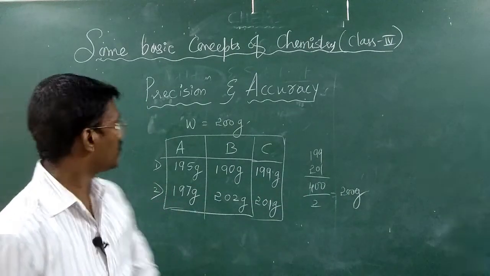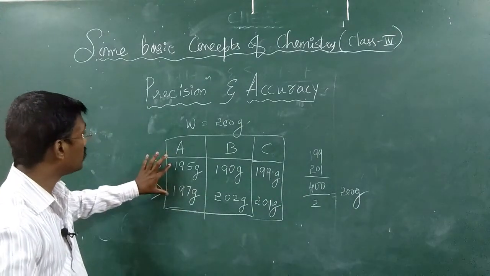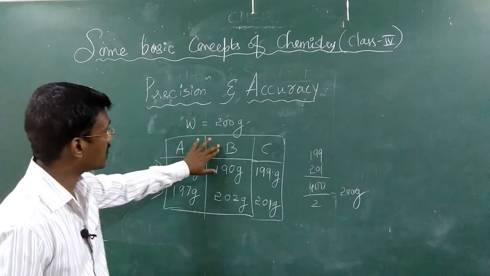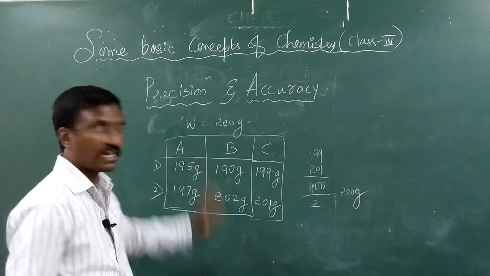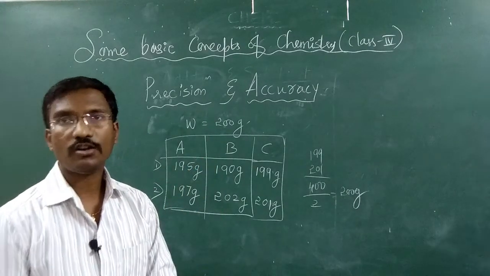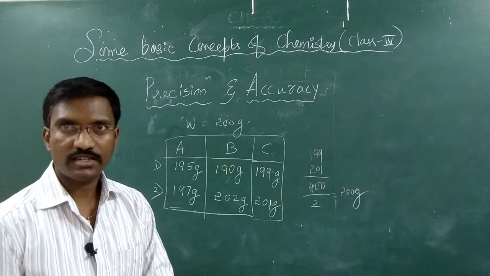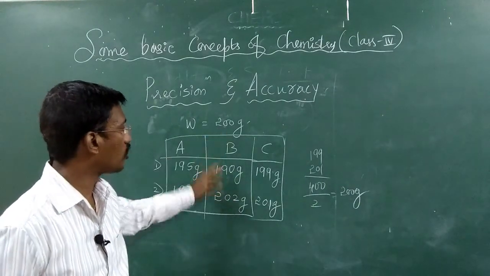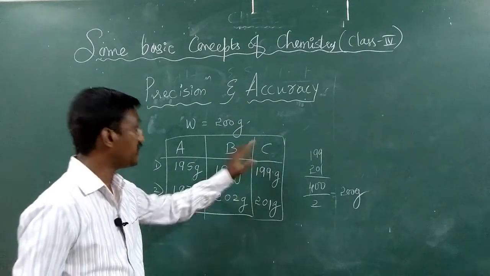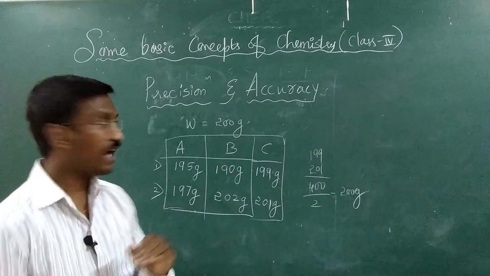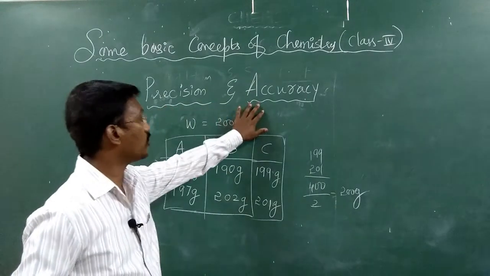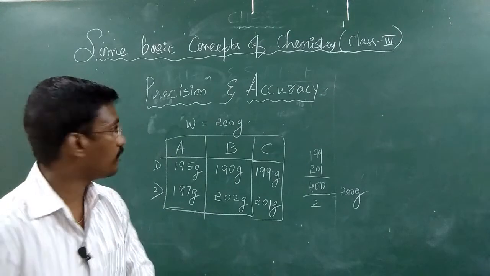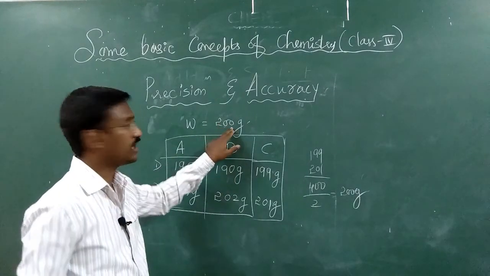So it means that person A's observed values are only precise but not accurate, whereas person B's measurements are neither precise nor accurate. Is it clear? Because they are not getting 200 and they are not closer to each other. Whereas person C's measured values are precise and also accurate, because these two are closer to each other, and the mean of these two numbers is the same as the given 200 gram.